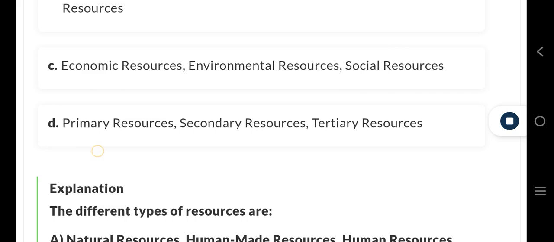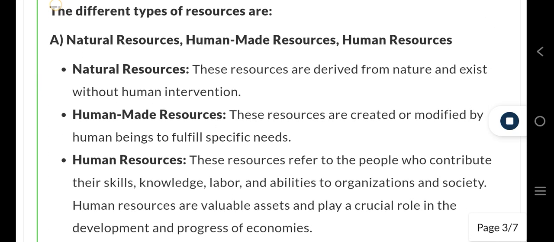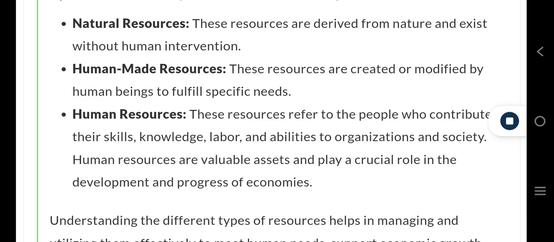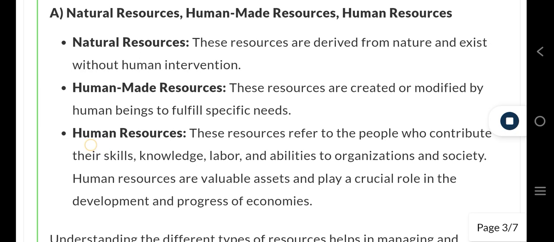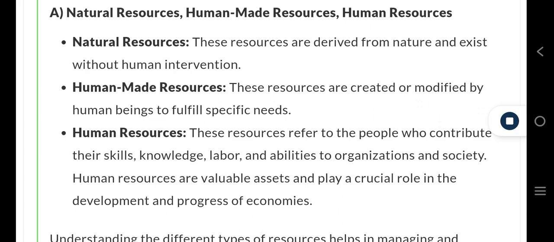Explanation. The different types of resources are A. Natural resources, human-made resources, human resources. Natural resources. These resources are derived from nature and exist without human intervention. Human-made resources. These resources are created or modified by human beings to fulfill specific needs. Human resources. These resources refer to the people who contribute their skills, knowledge, labor, and abilities to organizations and society.